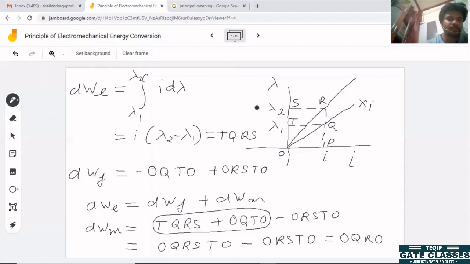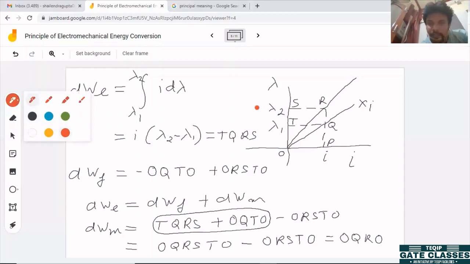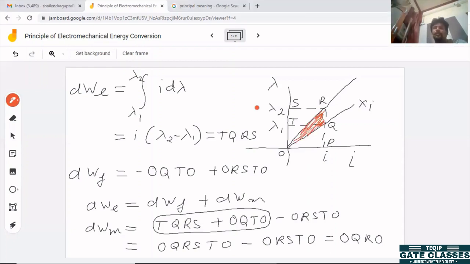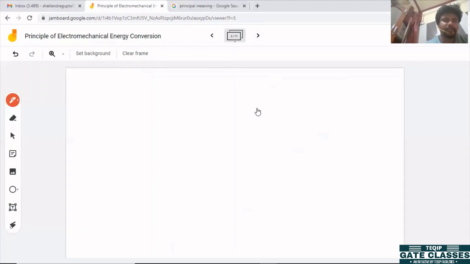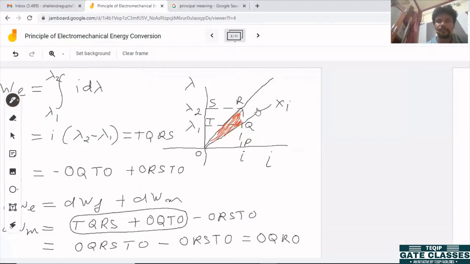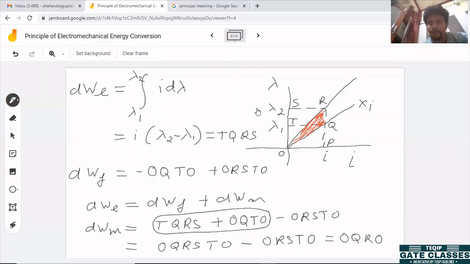I will mark out this final area. This is your final d Wm, and you can see this final area is equal to OPRO minus OQO.